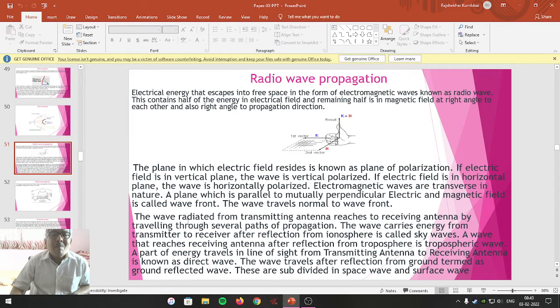Friends, the wave which is radiated from the transmitting antenna reaches the receiving antenna by traveling through several paths of propagation.